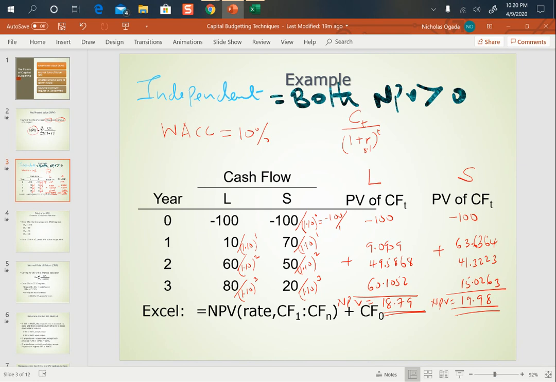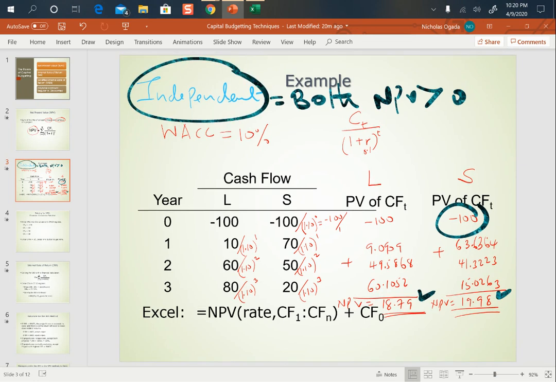Remember, you are able to recover your initial investment, and you have $80 million more here in this project. Again, it's the same thing. You're able to recover your initial outflow, and you have a positive increase in wealth of 19 million, and so on. So in this example, you'll choose both if they're independent.